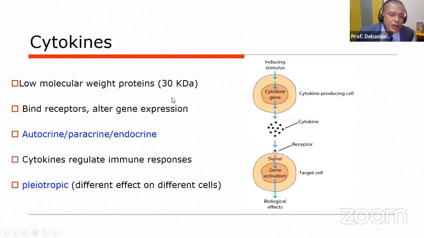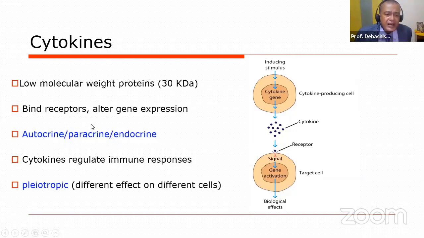Cytokines are low molecular weight proteins. They bind receptors, alter gene expression, and cause biological effects on the target cells. They have autocrine action, that is acting on the cell itself.